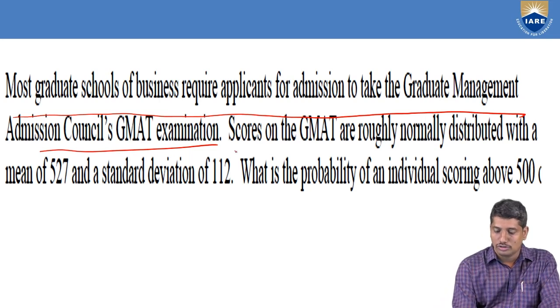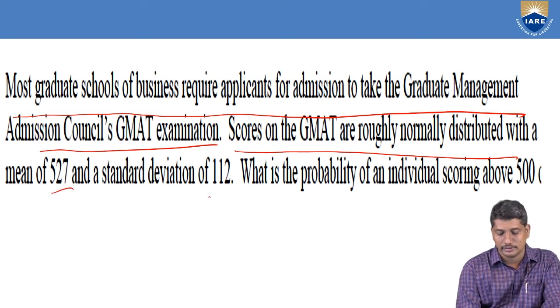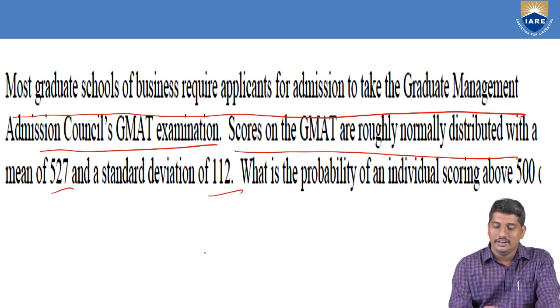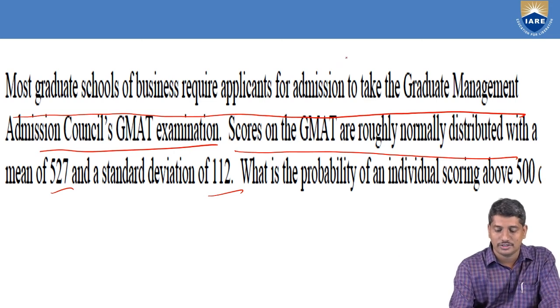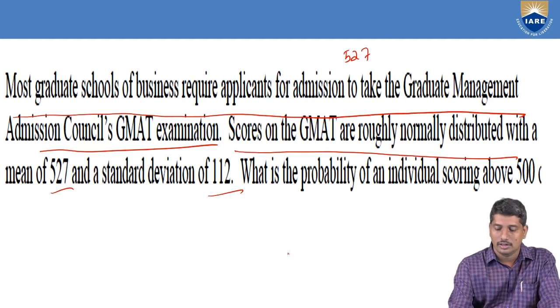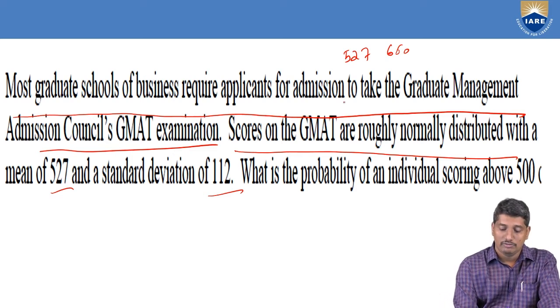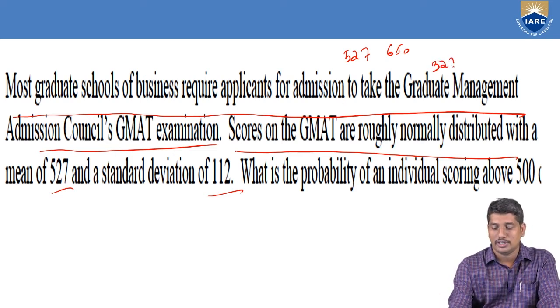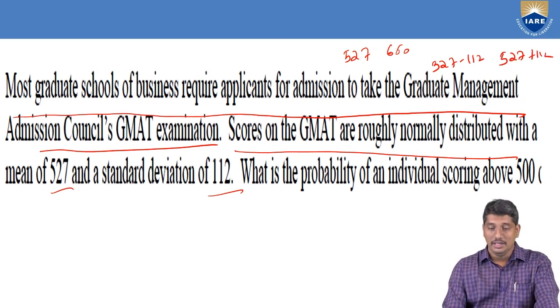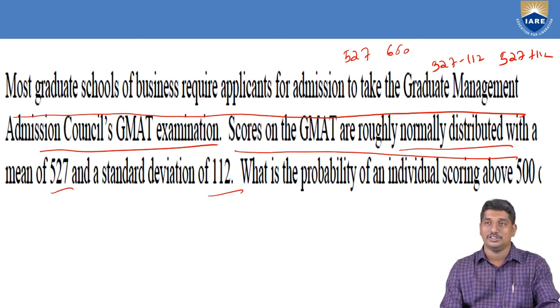Scores on the GMAT are normally distributed with a mean of 527 and a standard deviation of 112. In India, the GMAT exam is conducted, and on average the candidate scored 527 out of 600, and most scores range between 527 minus 112 to 527 plus 112. It is clearly mentioned that the distribution of marks is a normal distribution.